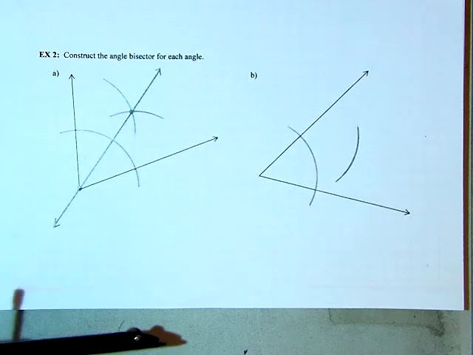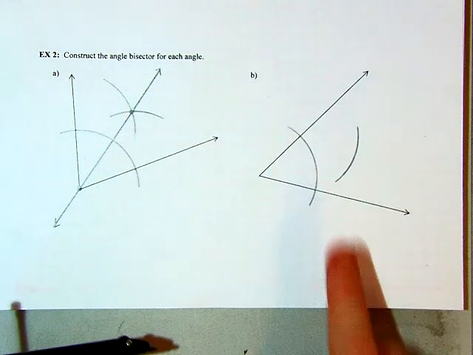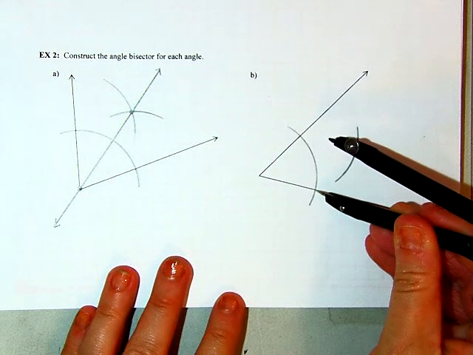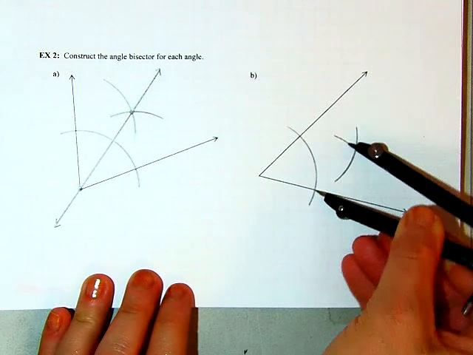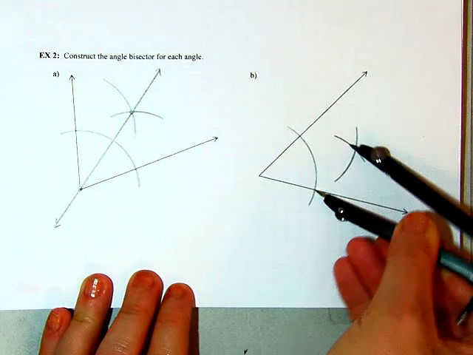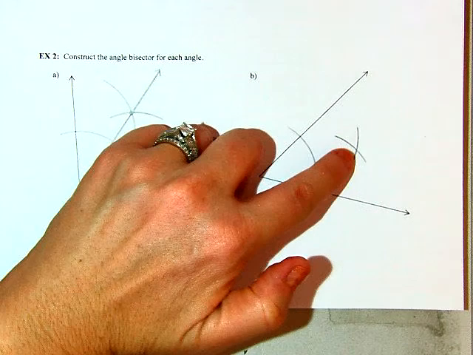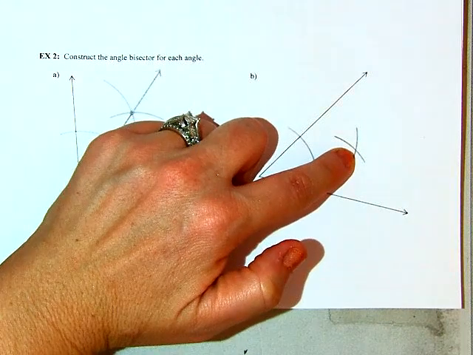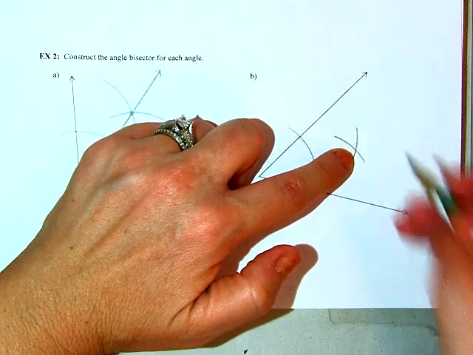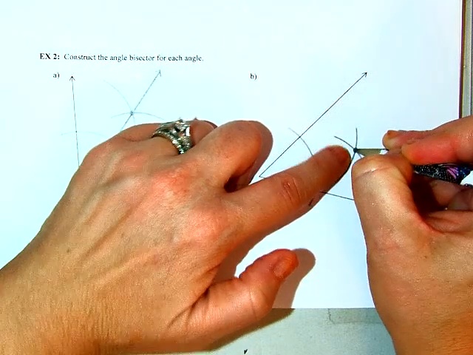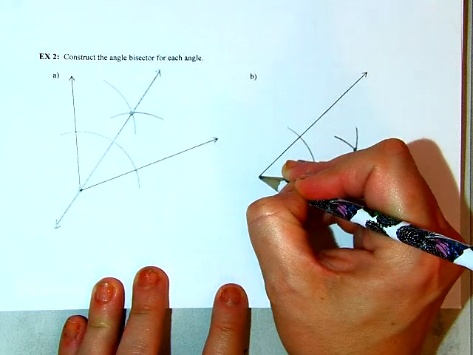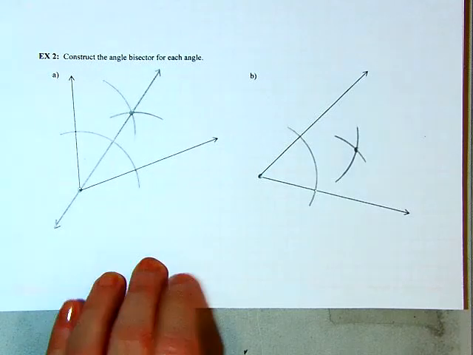Okay, so now I put my needle right here at this intersection point, and I draw another arc in the interior, very conscious of where it crosses through, right? This point of intersection right here. Okay, I want to see where it connects to the vertex like so.